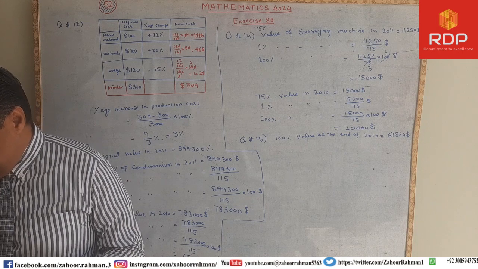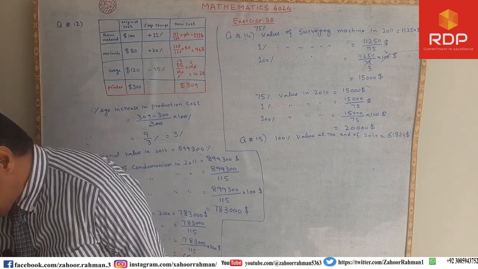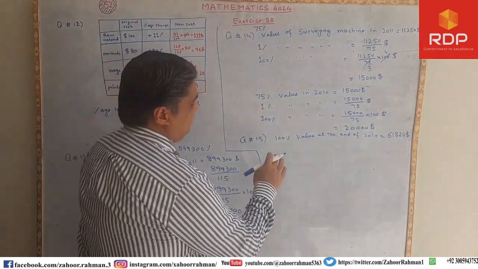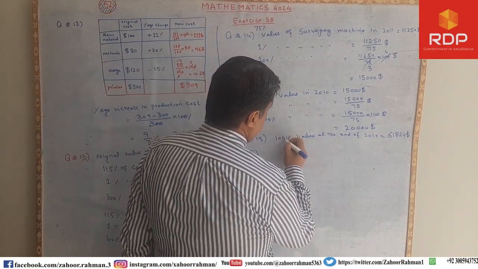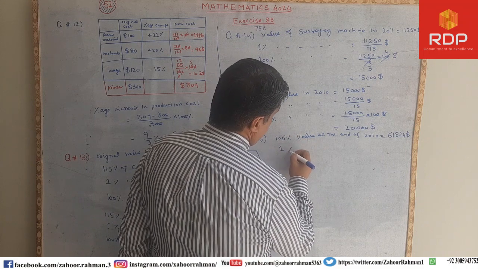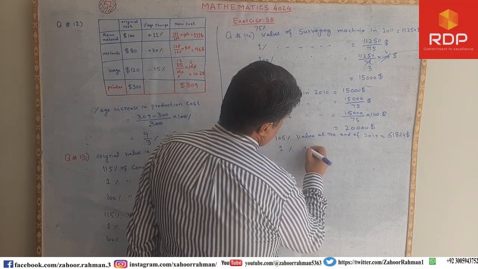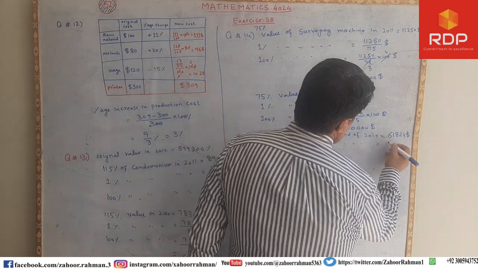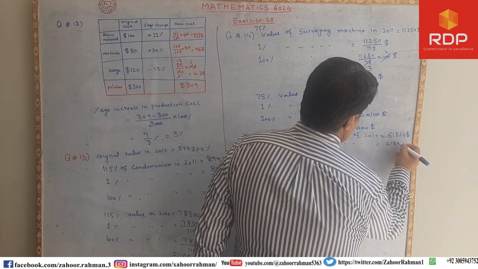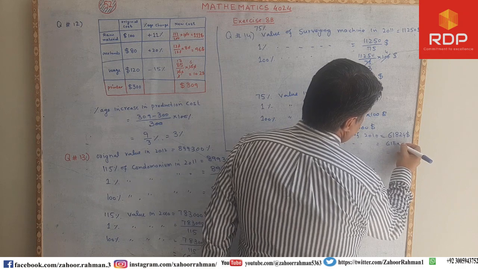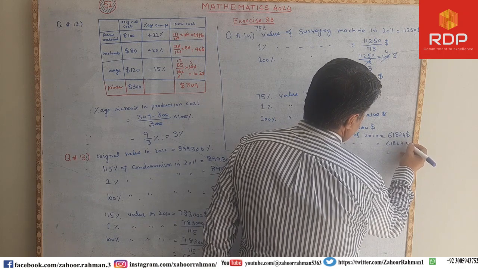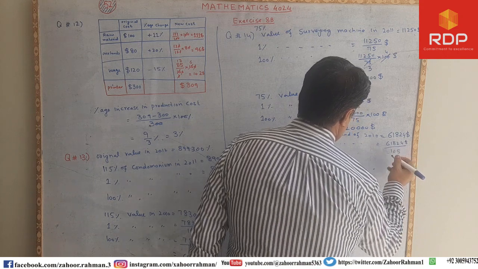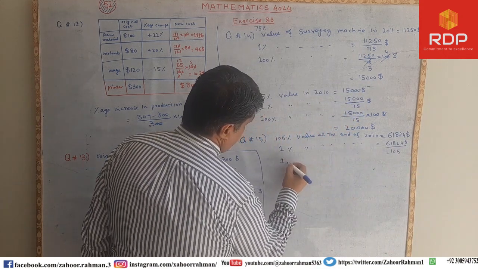So 1% will be, it is increased by 5, so 105% value at the end of 2010 is $61,824. Divide by 105.